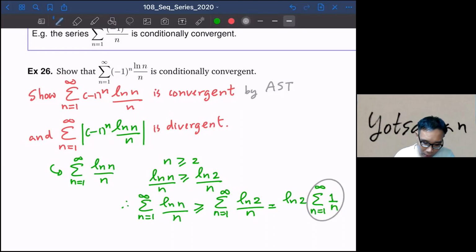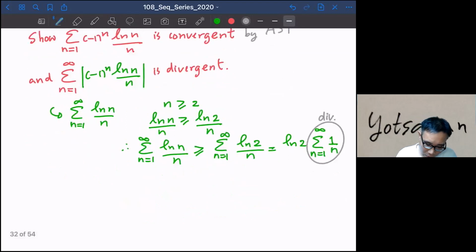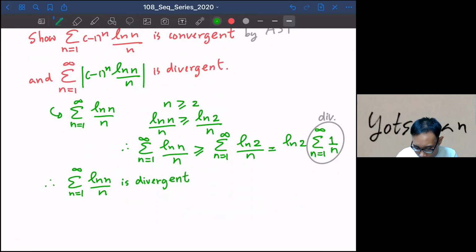So you conclude that the series sum from n equals 1 to infinity of log n over n is divergent, and it's going to turn out to be conditionally convergent.